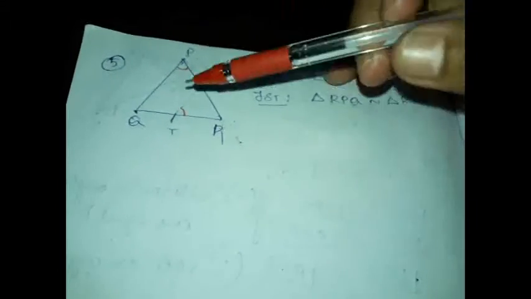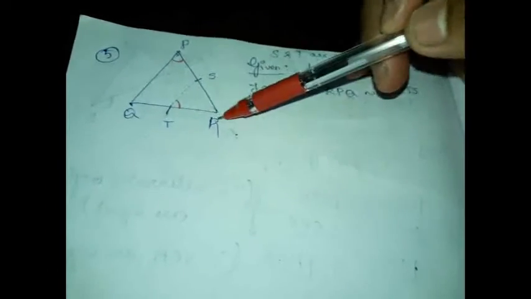Now here we need to prove triangle RPQ is similar to triangle RTS. How can we prove this? Already they have given one angle of each triangle is equal, and if we prove that one more angle is also equal, then automatically the two triangles will become similar. Only thing is you should check for its correspondence.